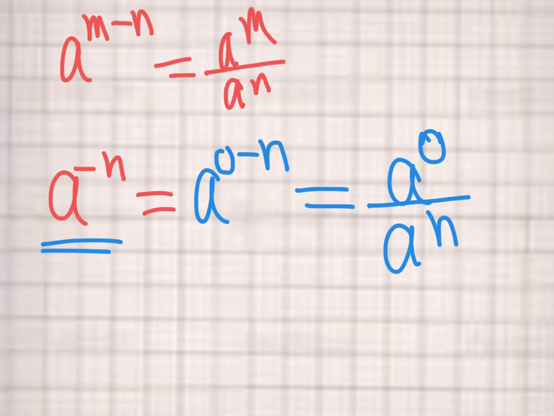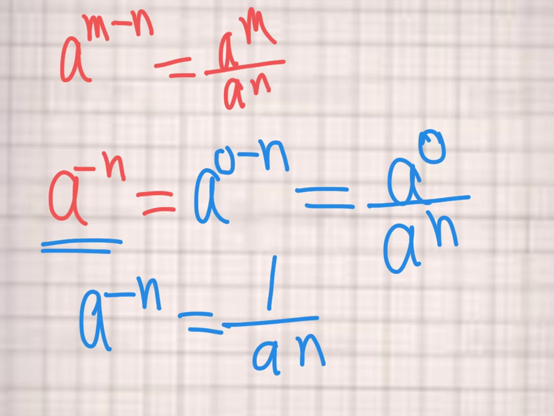If you don't remember, please review the first part of the video, and then as you recall, a to the power 0 equals 1, so therefore a to the power negative n equals 1 over a to the power n. Well, ladies and gentlemen, as you can see, we just found all the laws of exponents. Okay? All the laws of exponents.